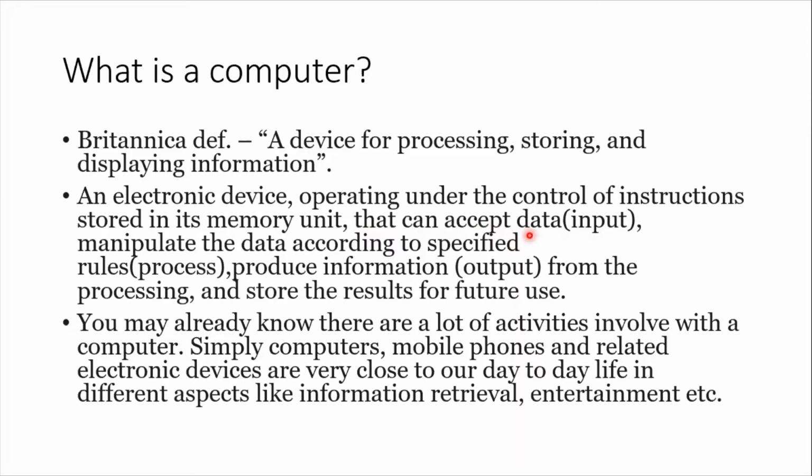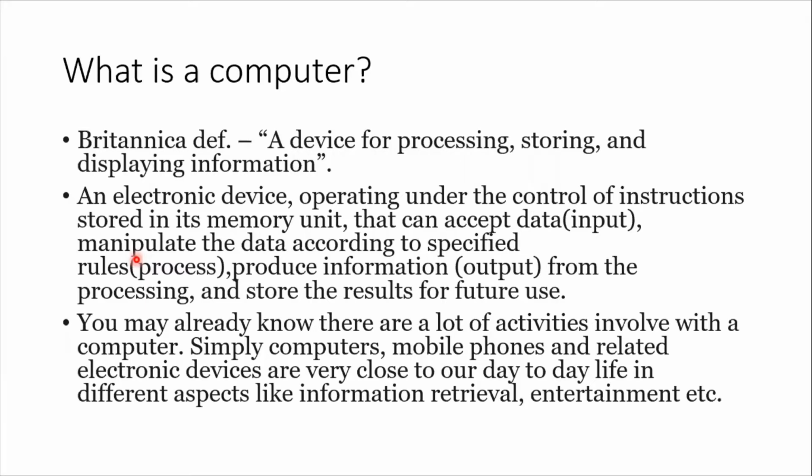That means it grabs the data, it absorbs the data, computers can get the data from the environment, and it manipulates it. What's the meaning of manipulation? After getting data into the computer, it processes it. I'll give another example.